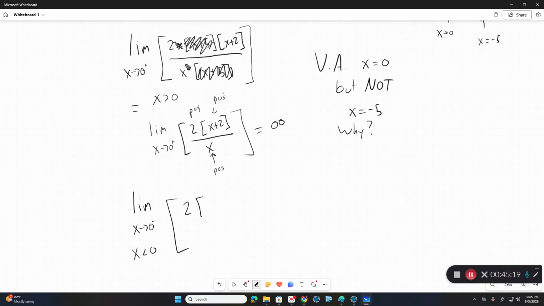We'll go ahead and do our cancellation, x plus 2, over x. So as a reminder, 2 is always positive. Now, x is less than 0, but it's close. So if we add 2, we'll still get a positive number. But the important thing is that the denominator is negative, meaning our answer will be negative infinity.